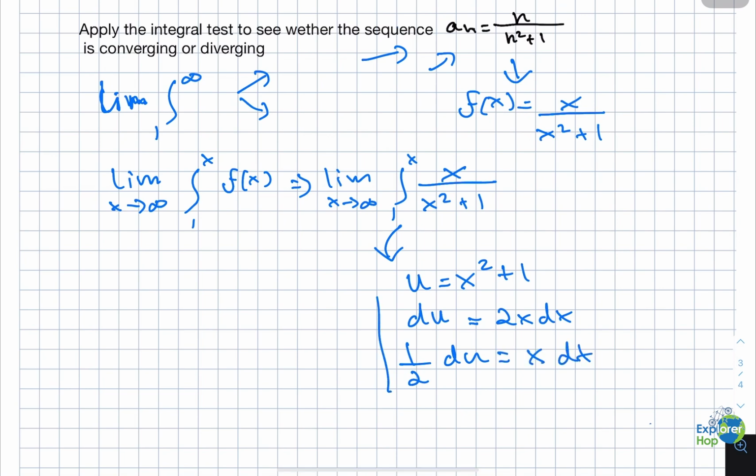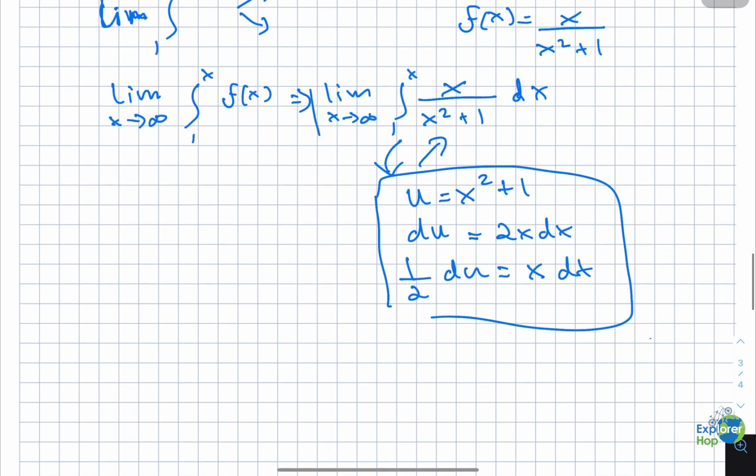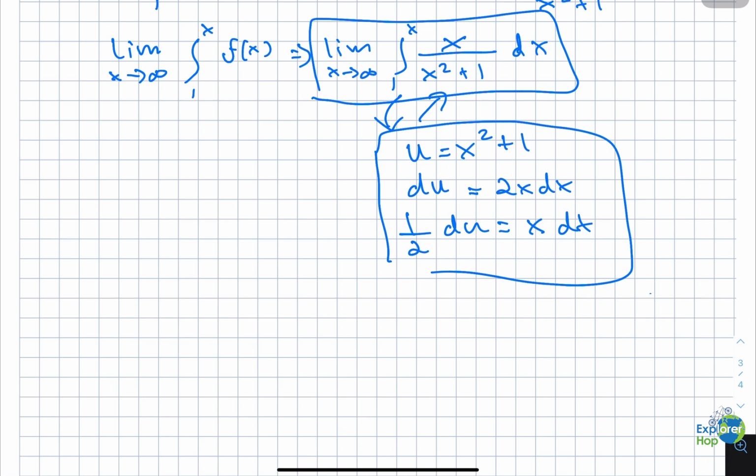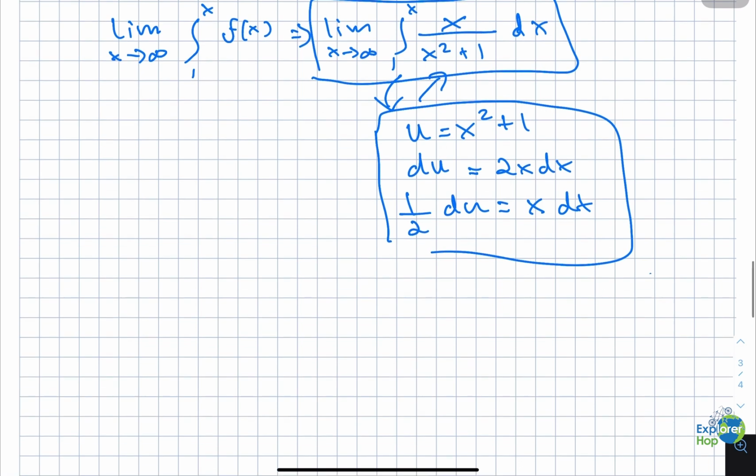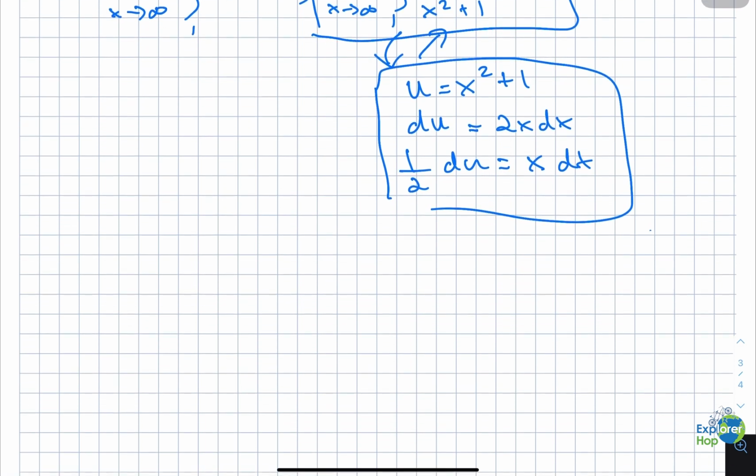Now we can plug in these values right into this equation, which would basically give us 1 over 2 times the integral of 1 over u du, and we can take the integral to get half.